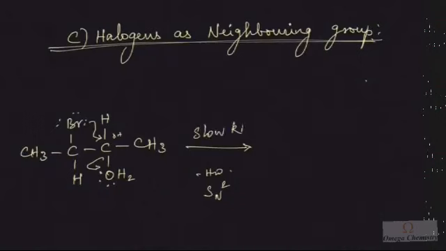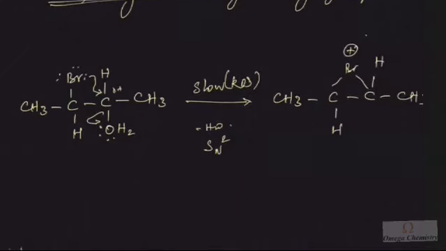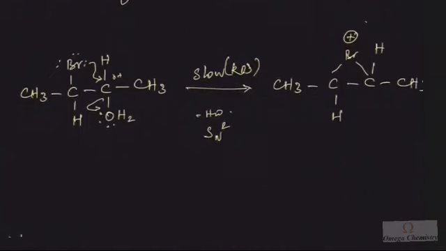So it is a rate determining step, of course. So a cyclic intermediate will be the intermediate that will result. So we can write like this. Hydrogen will be here, and you will have a bromonium ion, a cyclic intermediate, right?